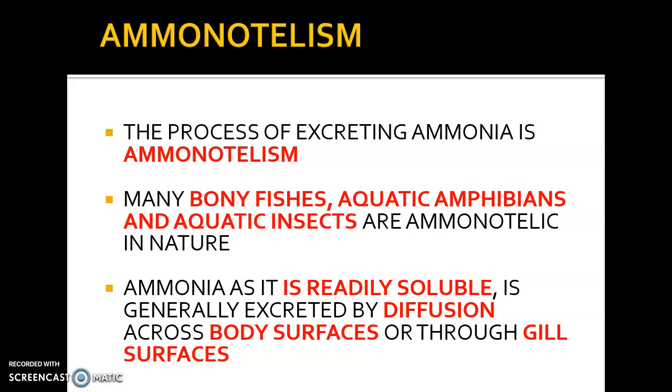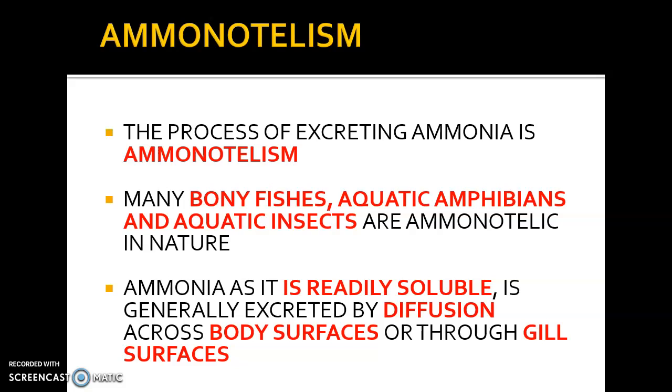Students, with regard to your exams, you're supposed to remember the given examples. The examples given are many bony fishes, aquatic amphibians, and aquatic insects. Make a note that they have mentioned aquatic organisms, and the aquatic organisms involved are actually freshwater and not marine water.